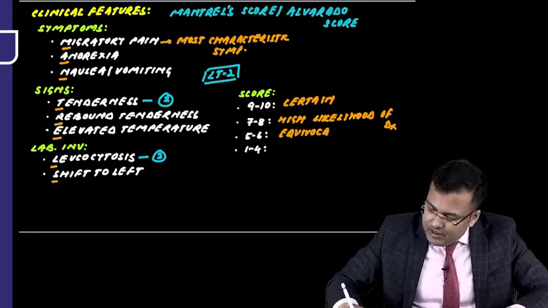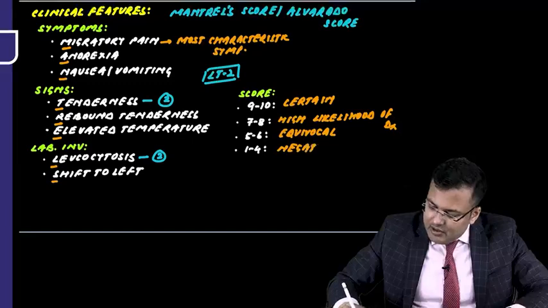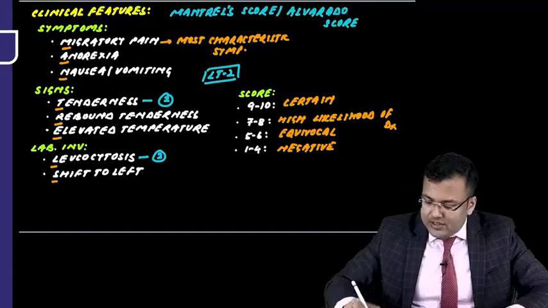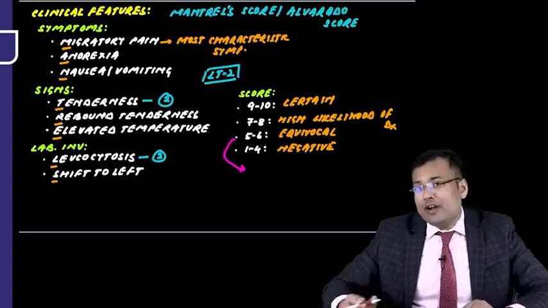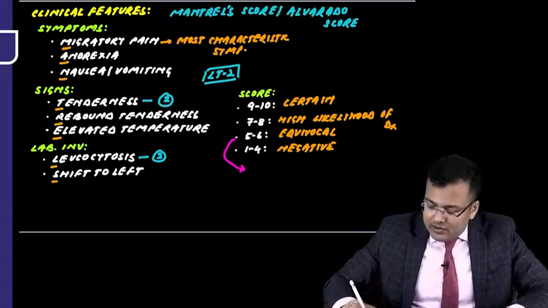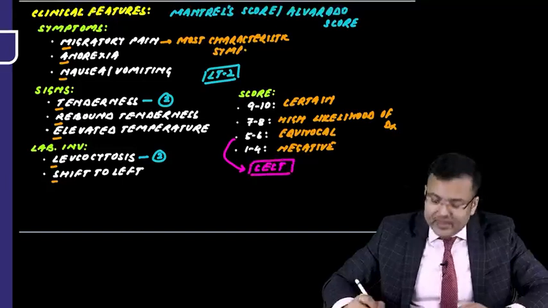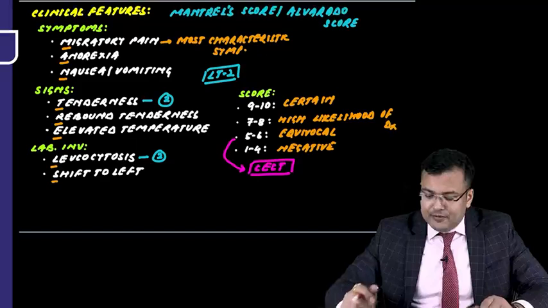And if it is 1 to 4, it's negative. So out of these, which one is most dangerous situation? The most dangerous situation is when the score is 5 to 6. It means it is equivocal. So you have to confirm the findings. Whenever the score is 5 to 6, the diagnosis should be confirmed by CECT.